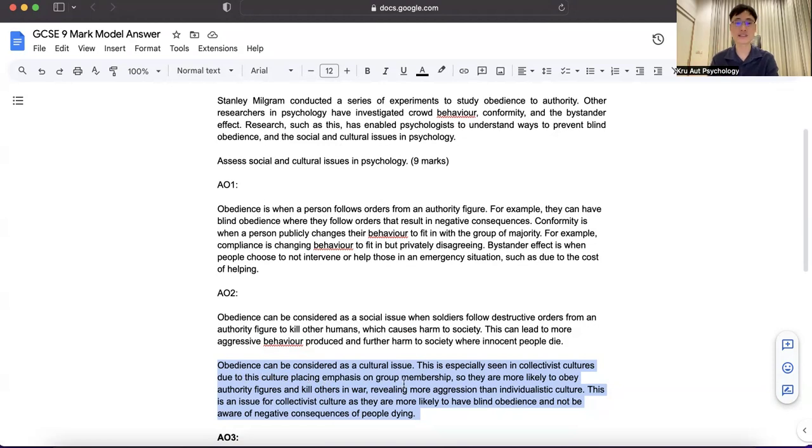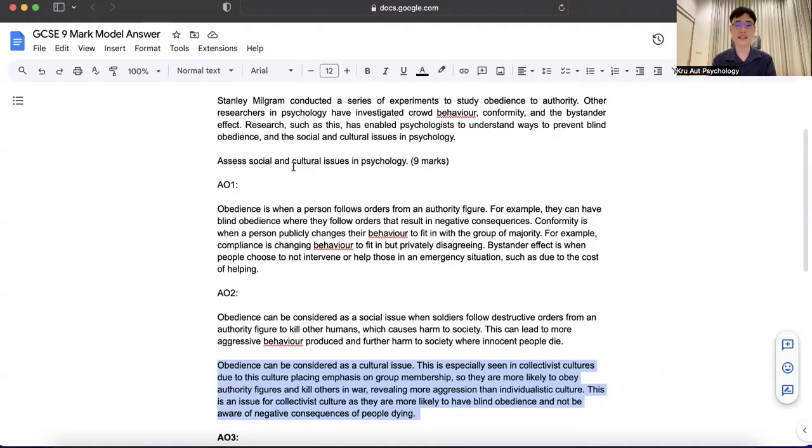If we go along this line, being a cultural issue, we need to explain what it is. Cultural issues in psychology, we know that there are two cultures: collectivistic culture and individualistic culture. We need to know the difference between them, which is Eastern versus Western culture. And we know that collectivist and individualistic cultures are different in different ways.